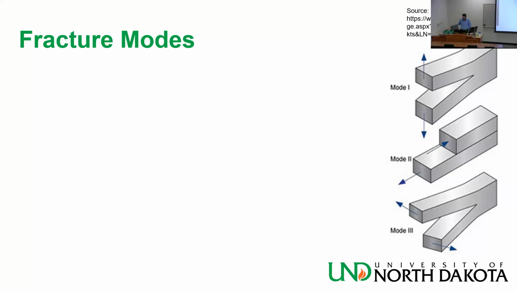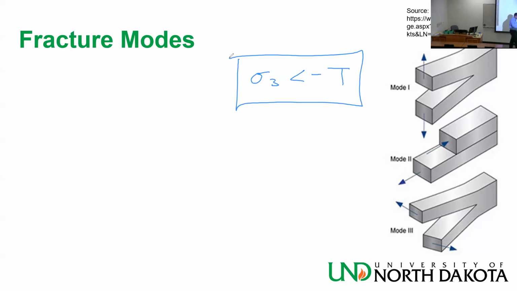So basically, you have to have the most tensile of all stresses, that is the least compressive in that case, to exceed the tensile strength of the rock that you're trying to break. And I'm using negative for the T because for the convention that we are using in petroleum engineering, compressive stresses are negative. So this is what I'm trying to satisfy. Always when you hear about the tensile failure criterion, this is the equation.